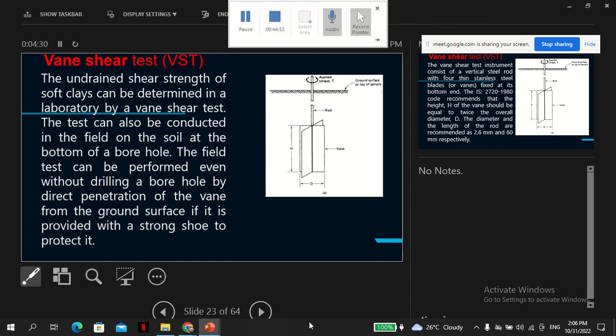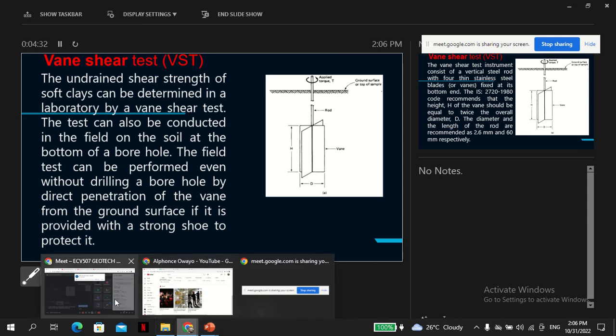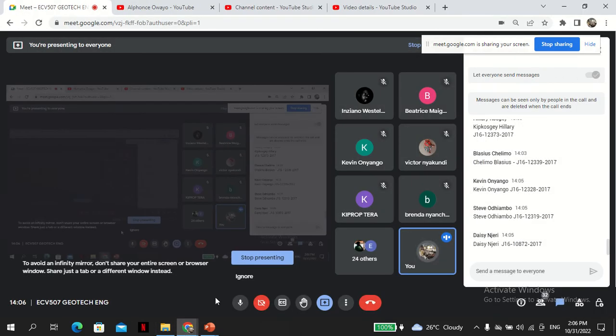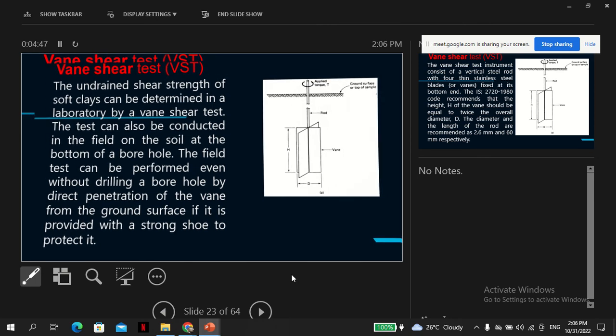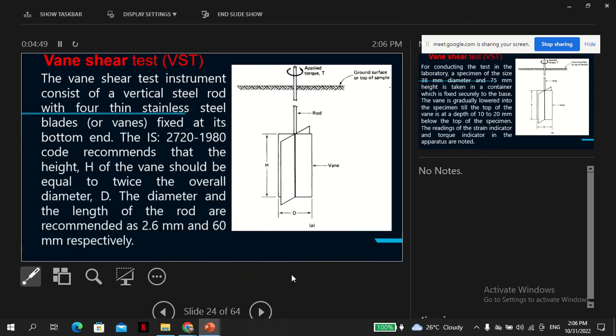Of course, there are some rules governing the way this has to be done, like the torque has to be applied within a certain range of values. Okay, so this is the Vane Shear test.